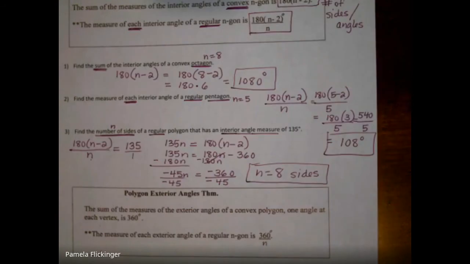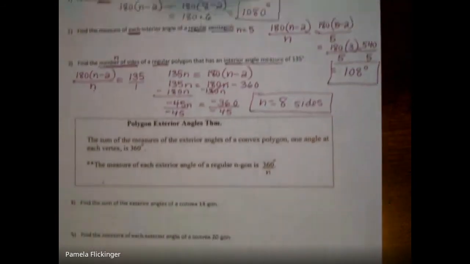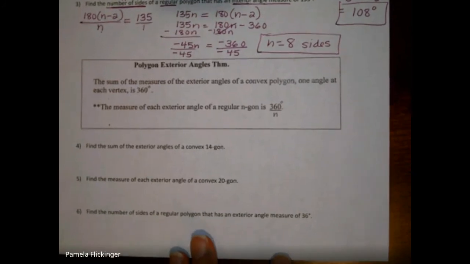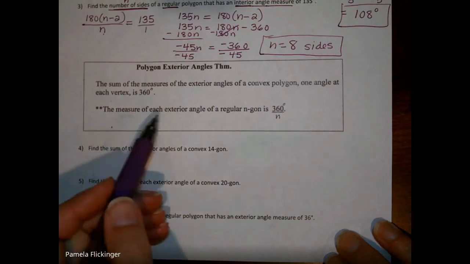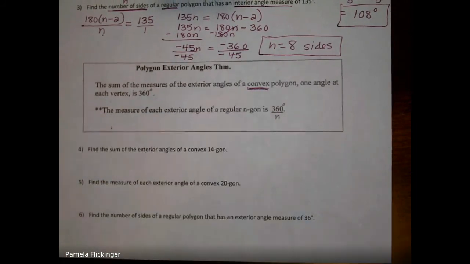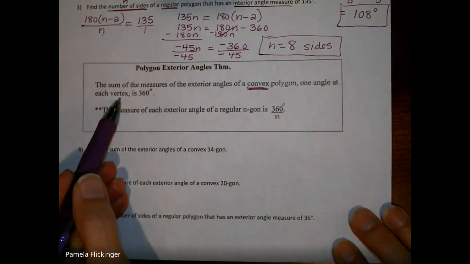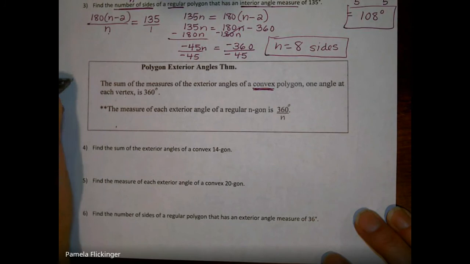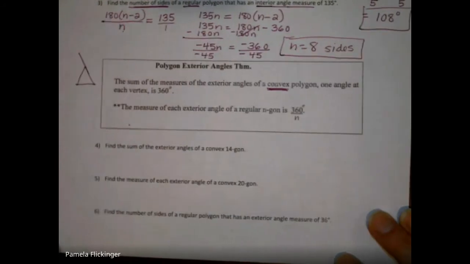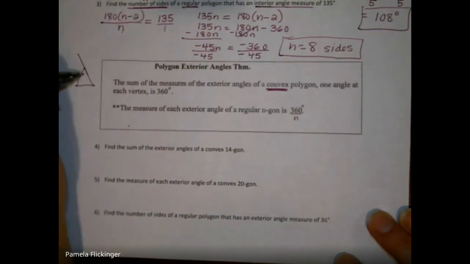Let's look at the exterior. The sum of the measures of the exterior angles of a convex polygon, again, emphasize that word, corners have to be pushed out, one angle at each vertex, because, and I'm just going to use the triangle as our example, an exterior angle, remember, has to make a linear pair with our interior.